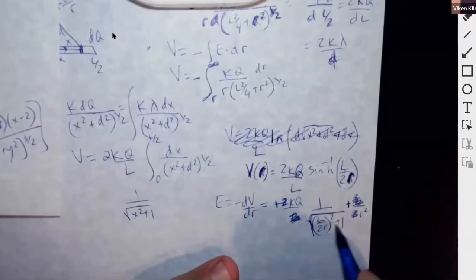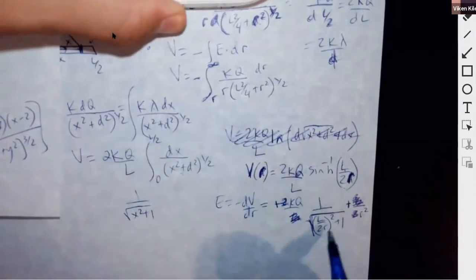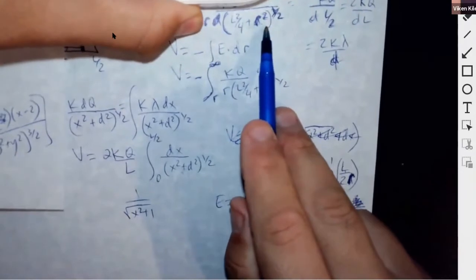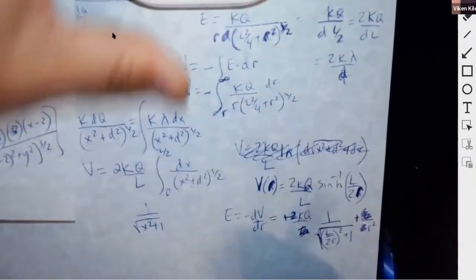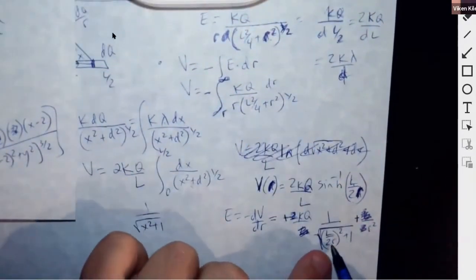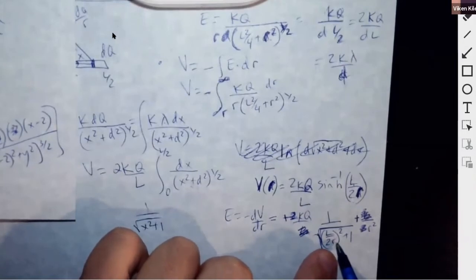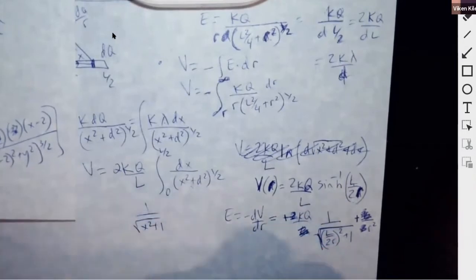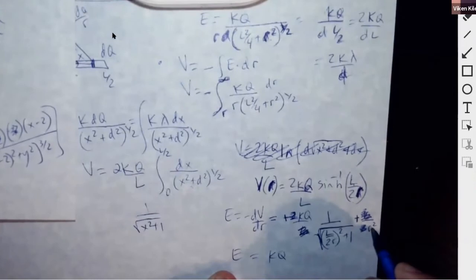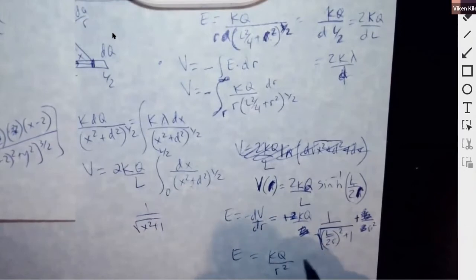Okay. And now, if I'm trying to make this look like that, what do I do? 2 squared is a 4. I could cross multiply, take the r out. So I'll write it as KQ, there's an r squared here, right? Over r squared. And then this one will be 1 over, God, I can't believe this.